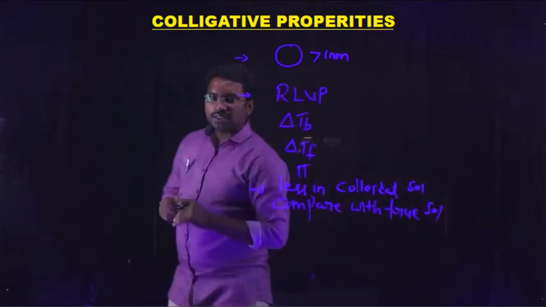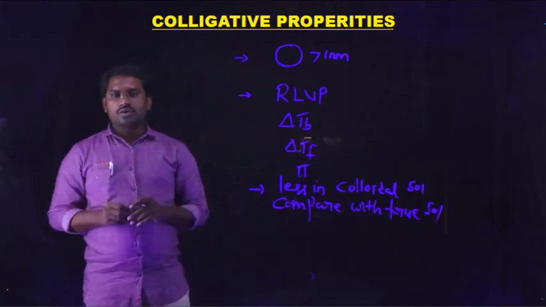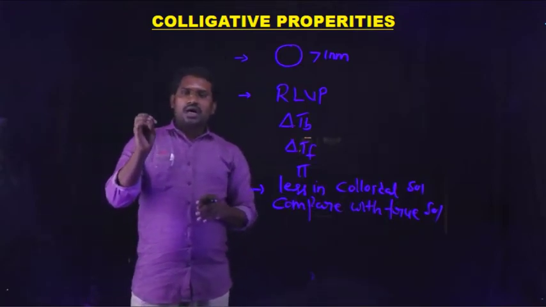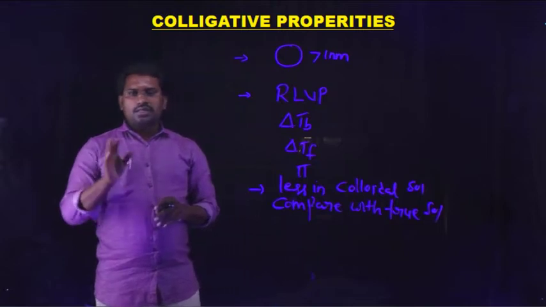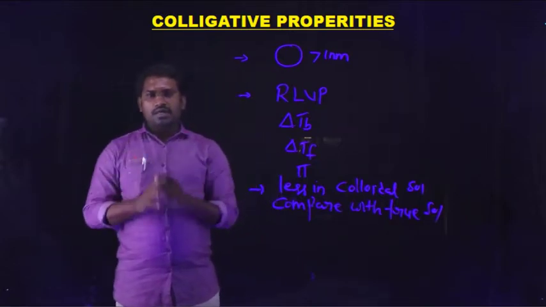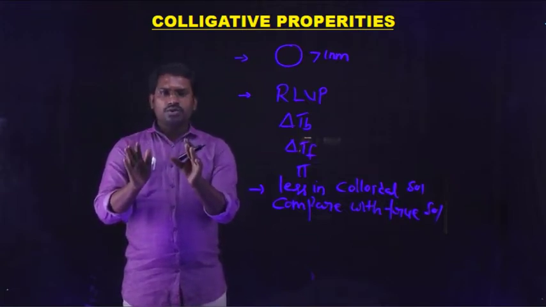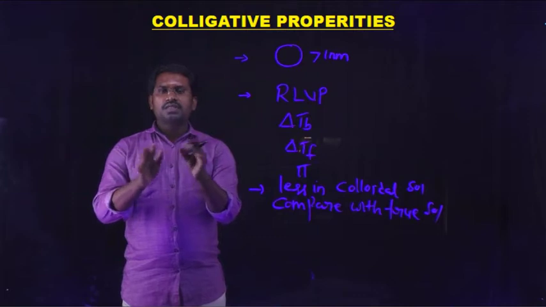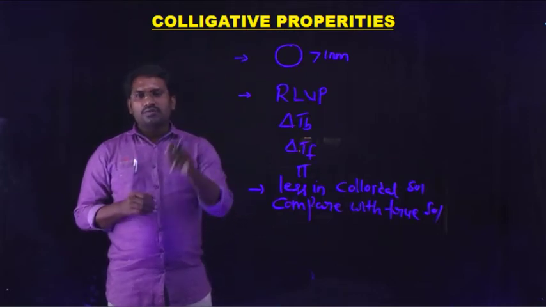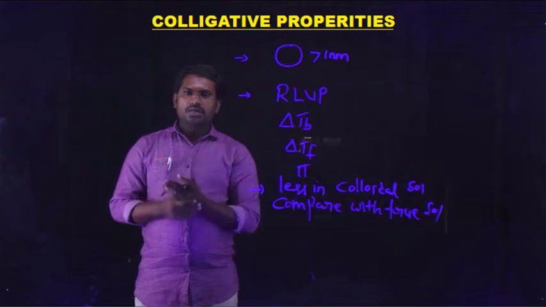The main reason is based on the particle size. In a colloidal solution, the particles are large. In a true solution, the particles are very small. That's why the number of particles present in a colloidal solution is very small compared with the number of particles present in a true solution.